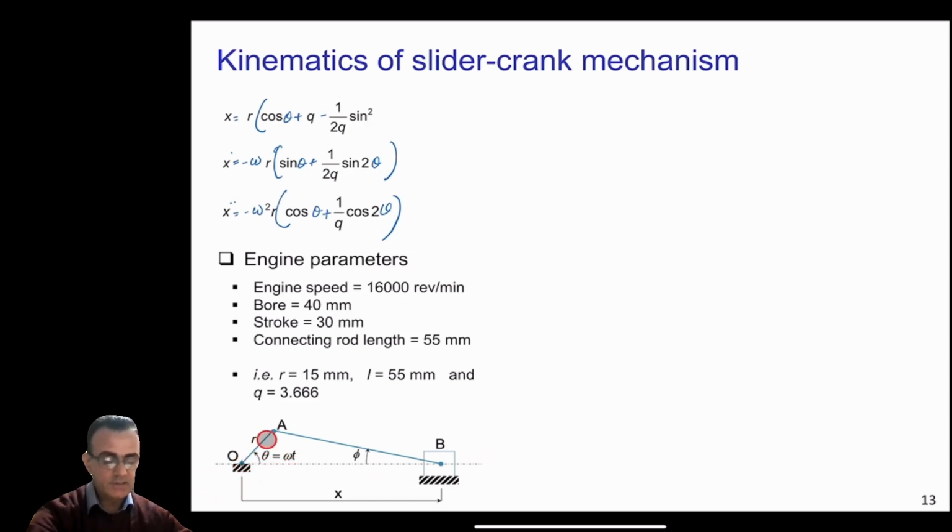In this case, the stroke is two times r, and again you are given the connecting rod length, which is 55 millimeter. So r is equal to half of the stroke, which is 15 millimeter. L is given. So if you are given r and L, you can calculate q, which is just L divided by r, which is 3.666 in this case.